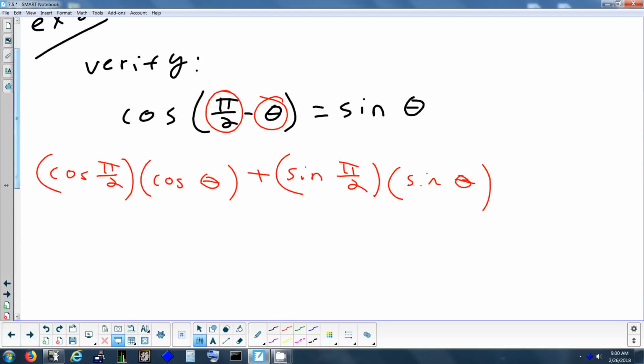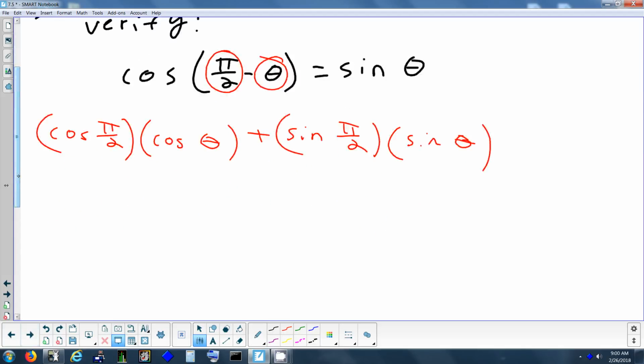Now, does anyone remember what the cosine of pi over 2 is? It's the same as the cosine of 90. Think about your graph of cosine. Starts here, comes down and goes up. These points that I'm labeling are all the quarter points in the period. So now looking at that picture, anyone remember what the cosine of 90 is?